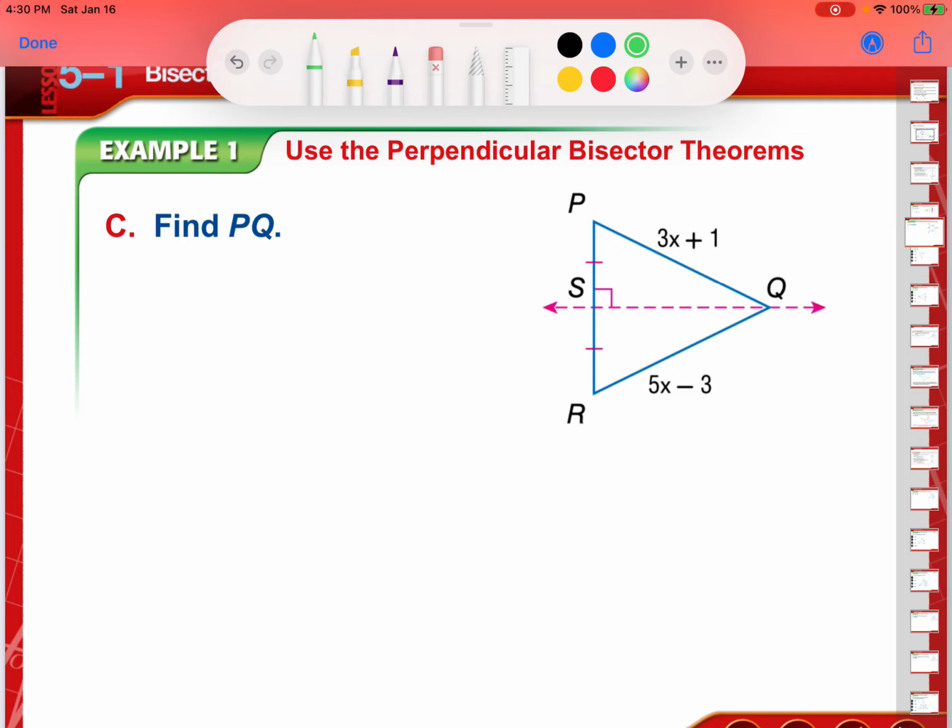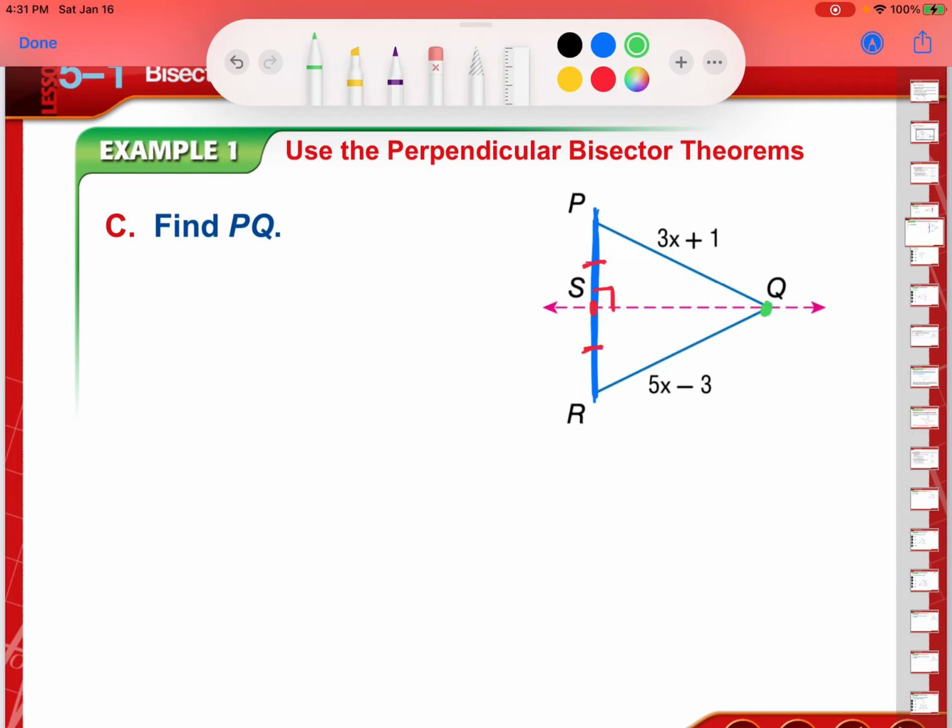Continuing on. Now we get into our algebra. So they want us to find PQ, which in order to do that, we have to figure out if we can set these equal to each other, which I can tell we can. Because if we look at PR as our original segment here that I'm highlighting in more blue, we can see that it is bisected by point S, and SQ intersects it at a 90-degree angle, which by definition makes it a perpendicular bisector.